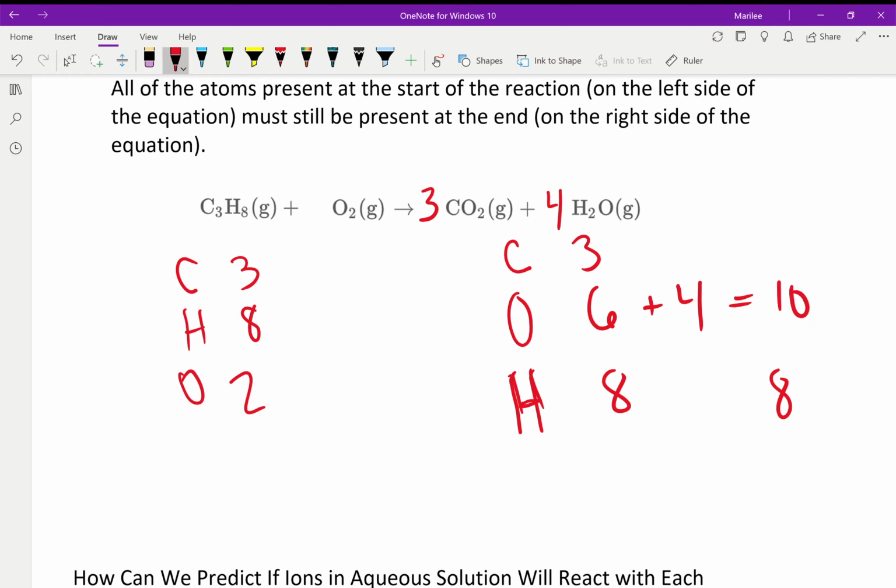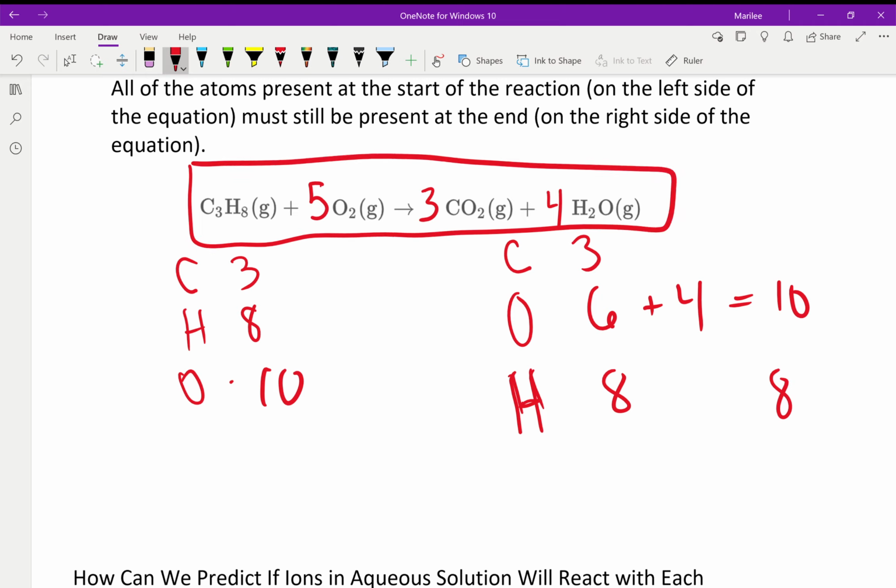Now for this side, we have 2 oxygens, we gotta get that to 10. So if we put 5, 5 times 2 is 10. So do they match up now? We have 3 carbons on both sides, 8 hydrogens on both sides, and 10 oxygens on both sides. So this now becomes our balanced equation.